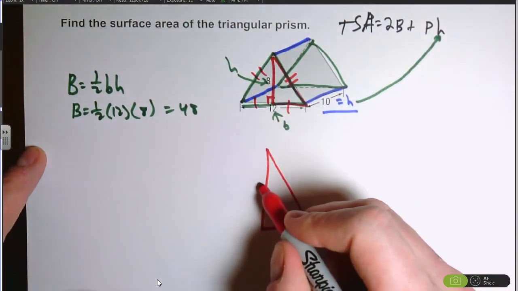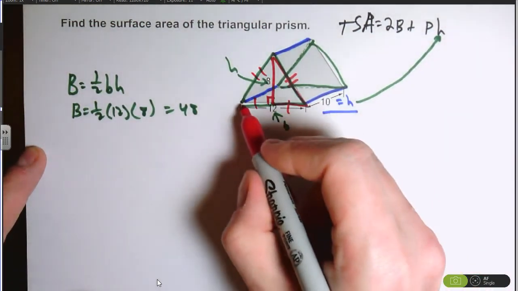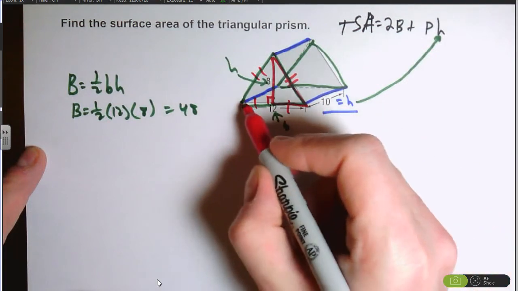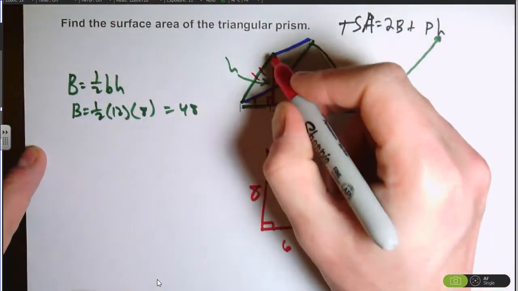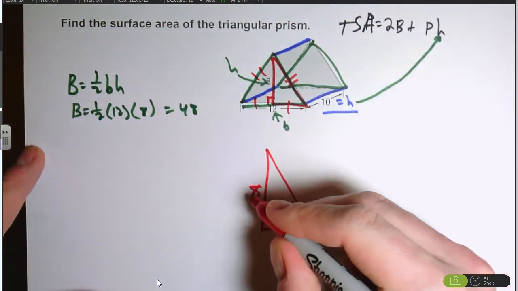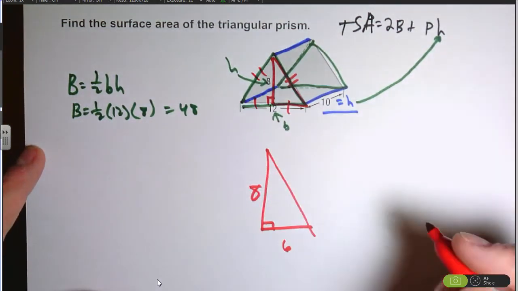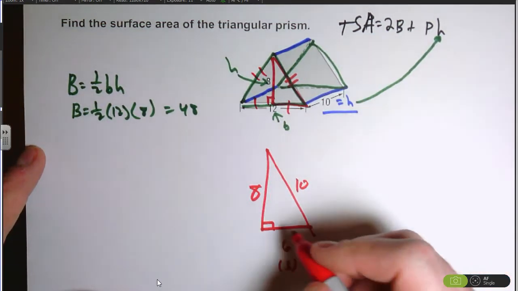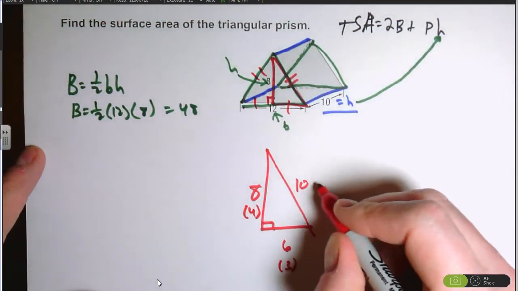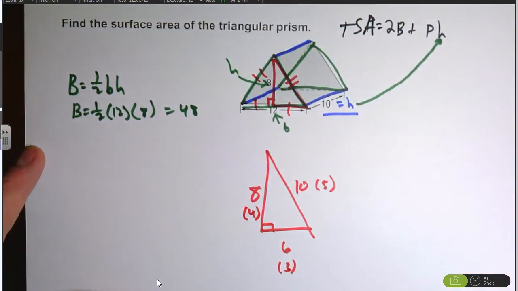Meaning this triangle is actually 8 for the height. Instead of being 12 all the way across here, it's half of that, it's 6. Which then means to find the side length here, that's really easy because this is a 6, this is an 8. We could do the Pythagorean theorem, but we don't need to. It's a 6, 8, 10, because it's really a 3, 4, 5.